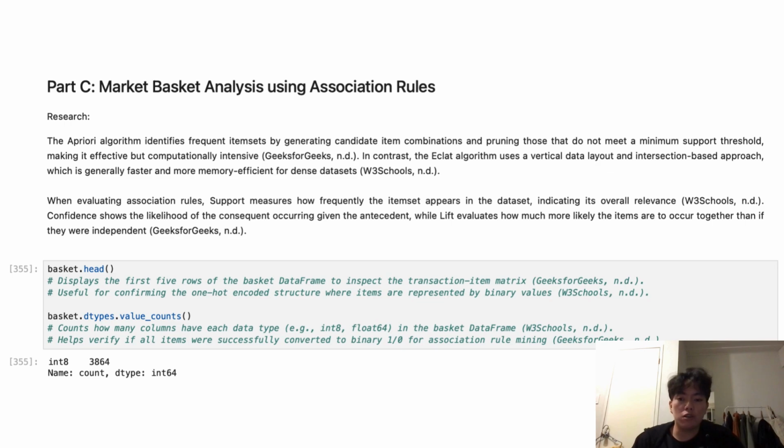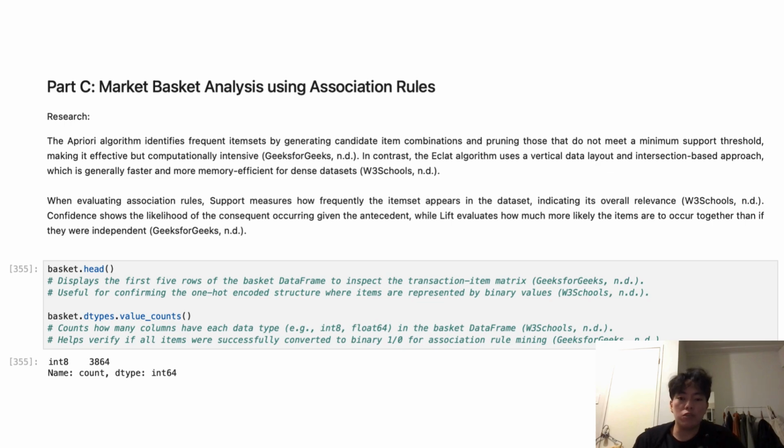Additionally, confidence shows the likelihood of the consequent occurring given the antecedent, while lift evaluates how much more likely the items are to occur than if they were independent.